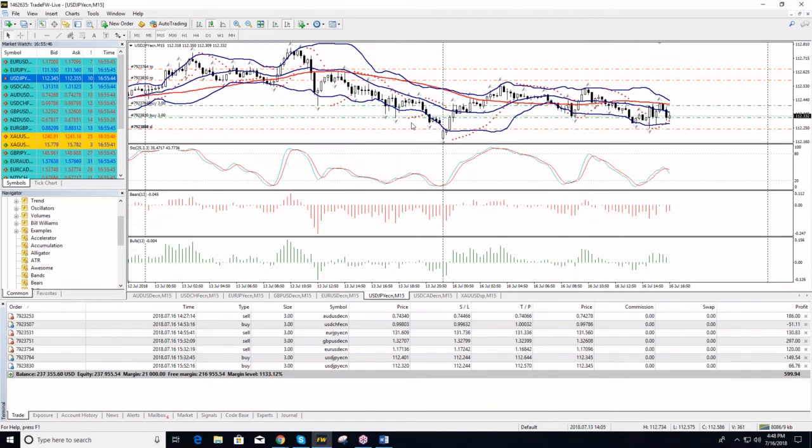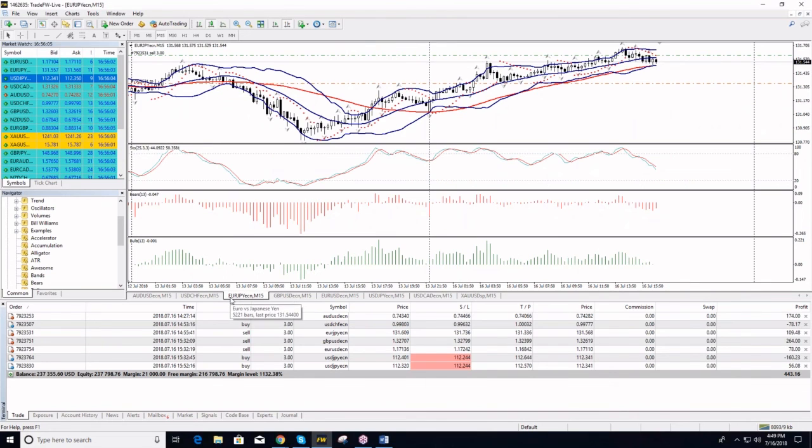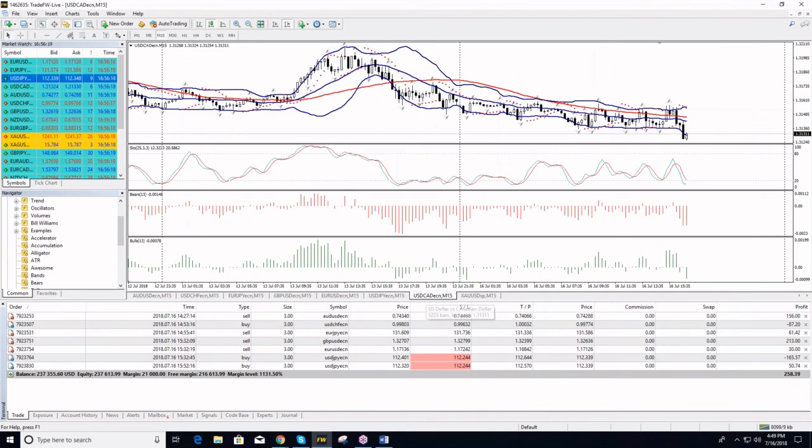Dollar yen today opened here, 40 pips range. All the pairs are showing a 40 pips range, guys. We are trying to make 25 pips from each trade out of a 40 pips daily range. It's not the most favorable conditions. So as I said, Patrick, it's up to you to decide if you will take it or not. If you're satisfied, my friend, with the profit you get, take it. As simple as that.